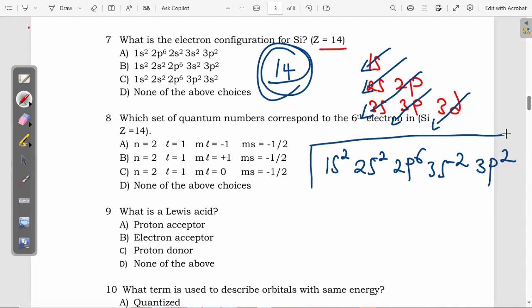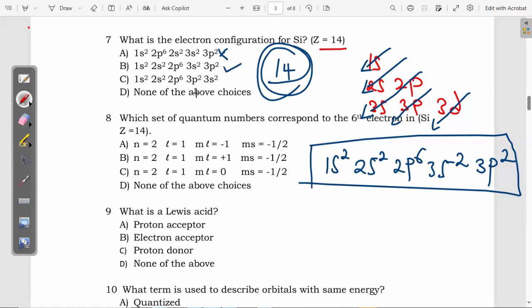So I'm looking for this electronic configuration in the options that have been given. Which one is it? If I look at A, 1s has 2, and then 2p has 6, so this one is wrong. Let me look at B. 1s has 2, 2s has 2, 2p has 6, 3s has 2, 3p has 2.